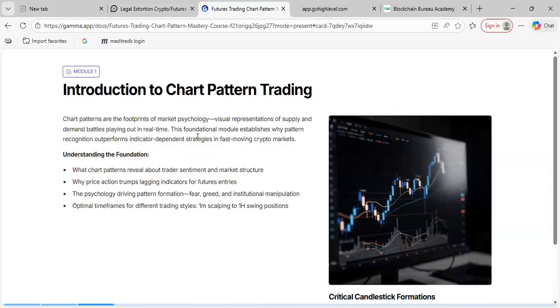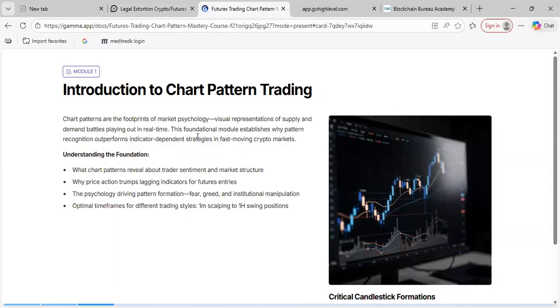All right. Now, understanding the fundamentals. What chart patterns reveal tells a lot about what's going on in the market. It tells a lot about the market structure. Price action trumps anything lagging in the market with indicators. Certain indicators move a lot faster than other indicators, and certain indicators can give you a deeper, more insightful look into the market.